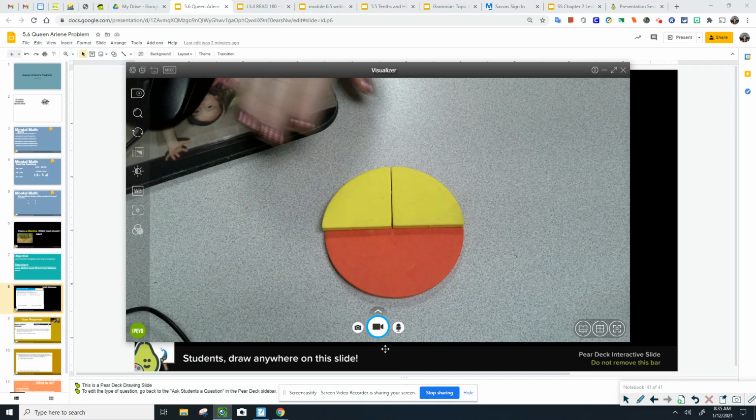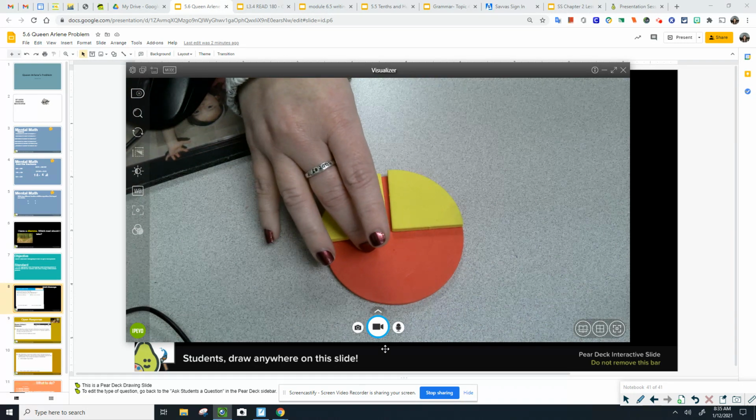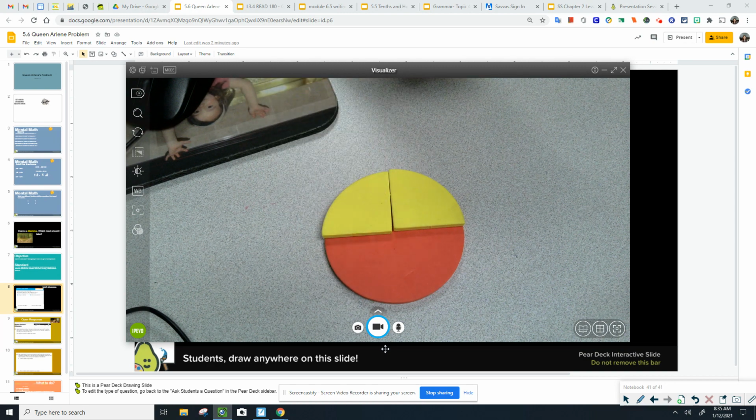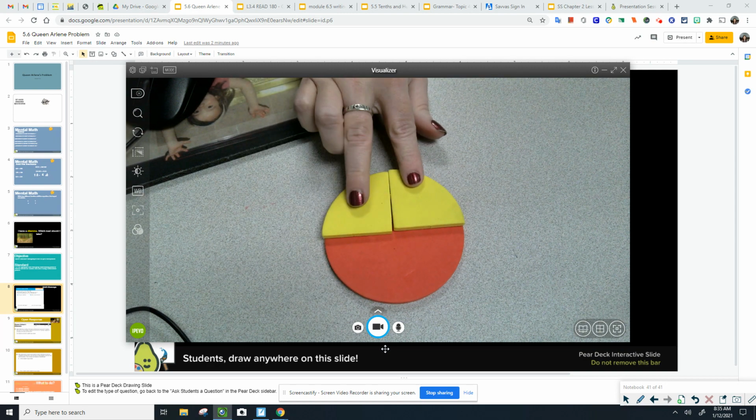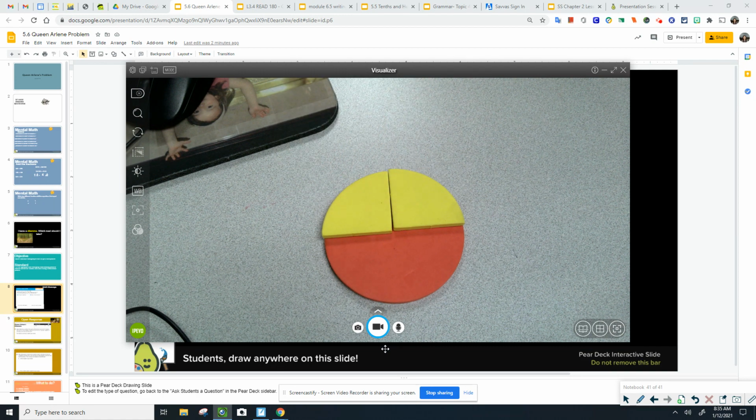So as I'm looking at this problem, I know that my red is my whole, okay? So it says to use different combinations of pieces to cover up that whole. Right now I have 2/4. This is a fourth and this is a fourth. I could cover all of it with 1/4 pieces, or I could try something else.